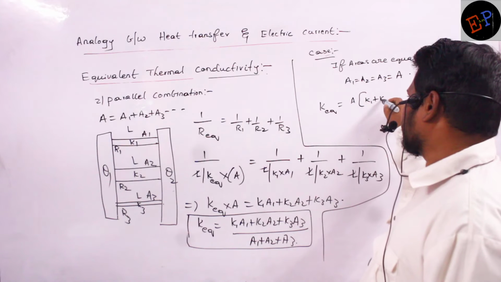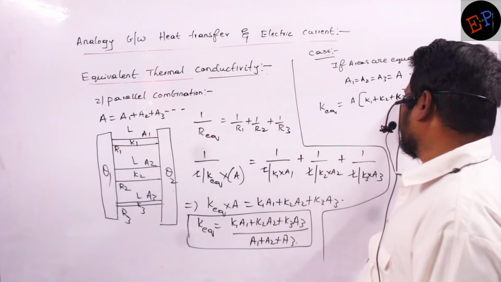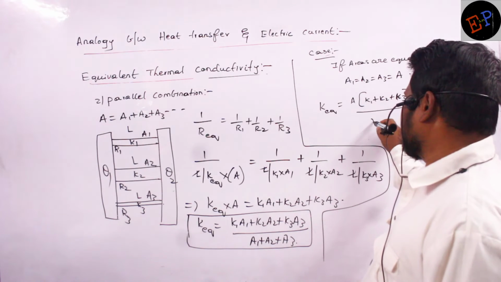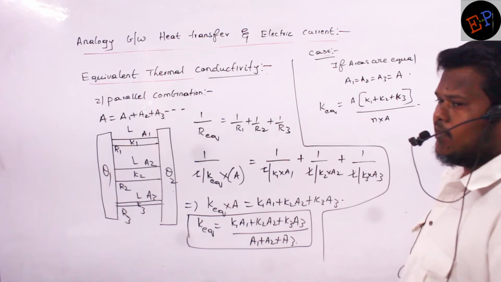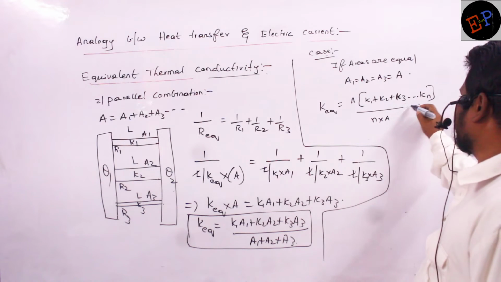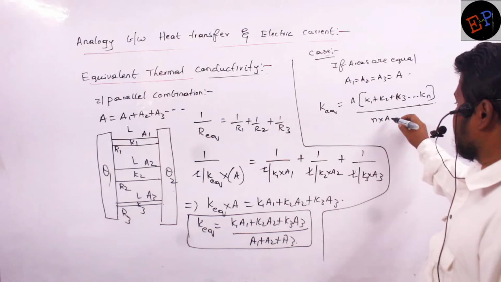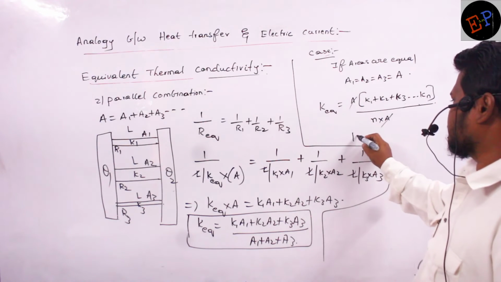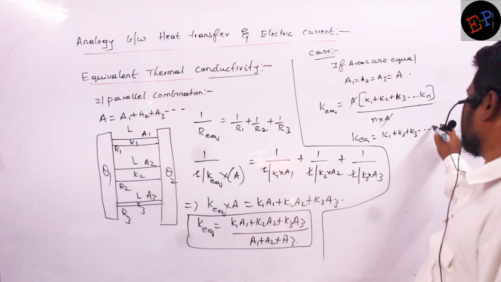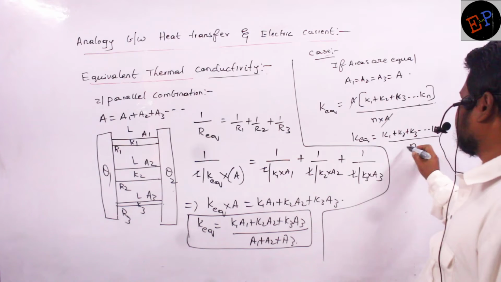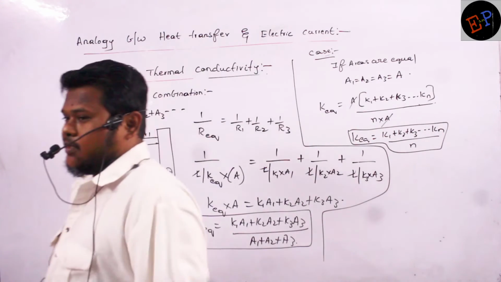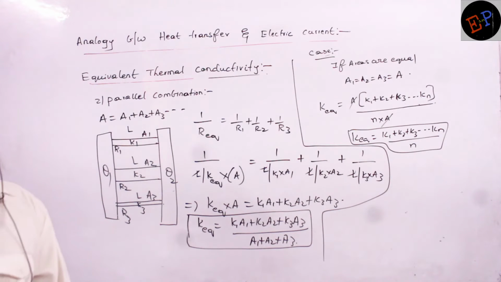Then it is K1 plus K2 plus K3 divided by 3A, or I can write n into A if there are n terms, up to Kn, divided by n into A. So A gets cancelled. Therefore, the K equivalent is K1 plus K2 plus K3, and it goes on up to Kn, divided by n. This is the K equivalent if n rods are connected in parallel combination.